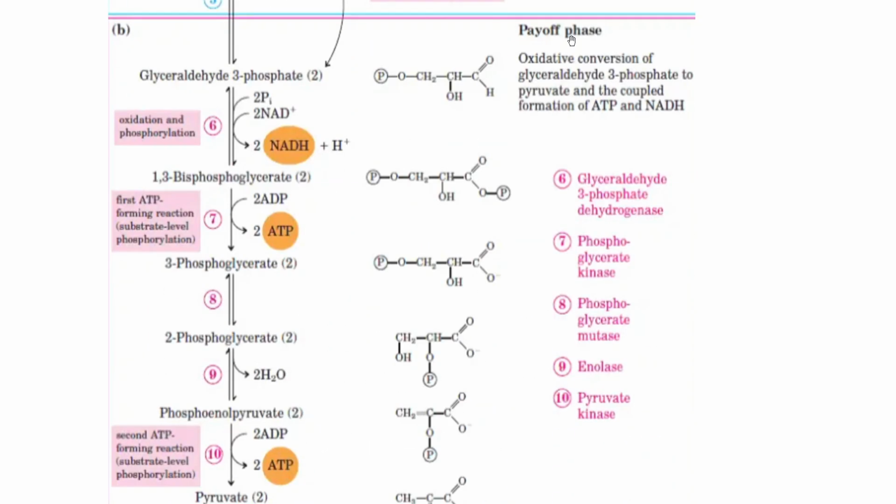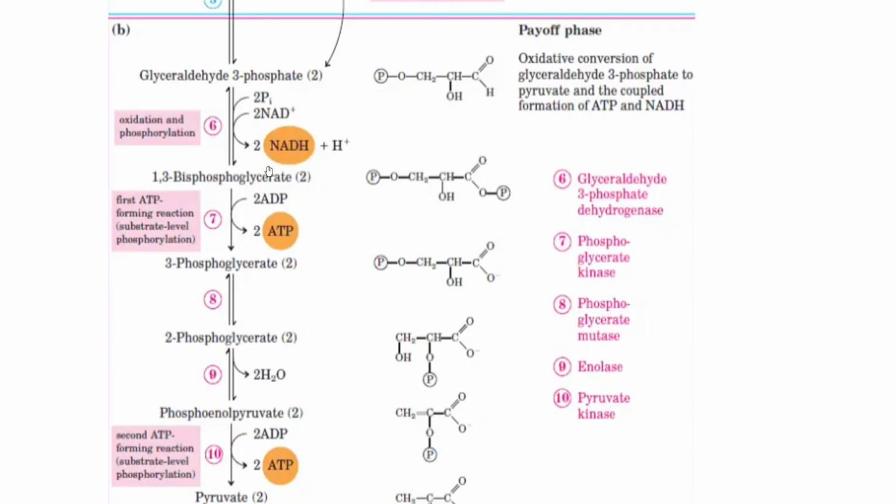Next we have the payoff phase, which is basically the energy releasing step of the glycolytic pathway. So now you have two 3 carbon molecules. Glyceraldehyde 3 phosphate undergoes conversion to 1,3 bisphosphoglycerate by the action of the enzyme glyceraldehyde 3 phosphate dehydrogenase.